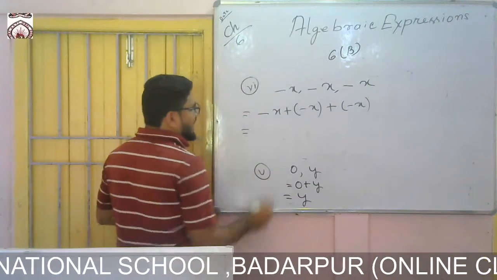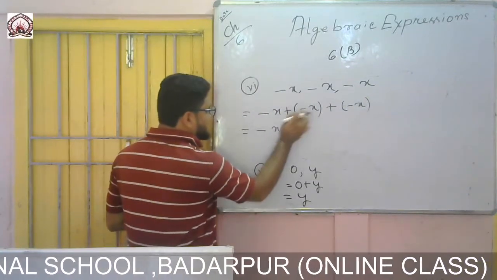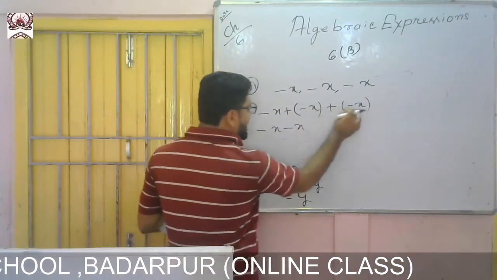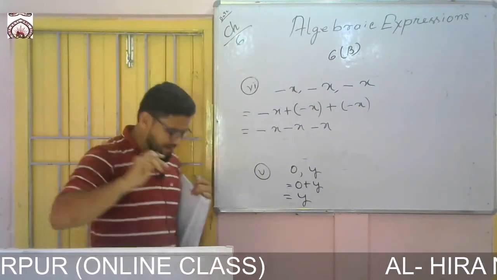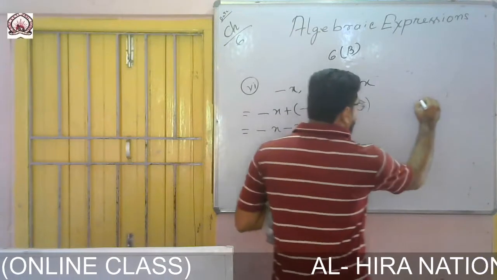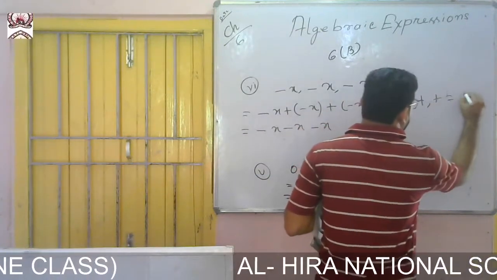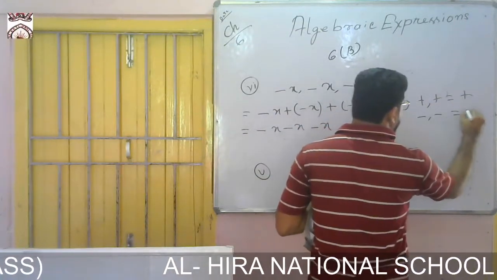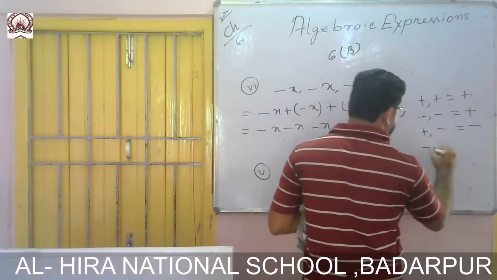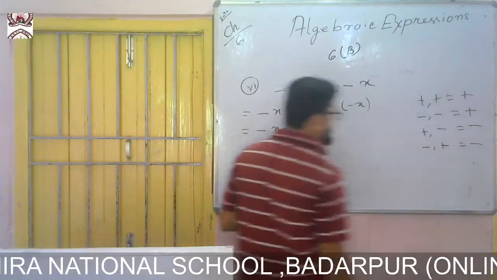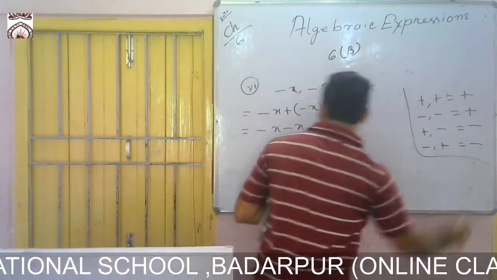Now, minus x plus minus, minus x plus minus, minus x. Plus minus, these things you know earlier. Plus comma plus gives plus. Minus comma minus gives plus. Plus comma minus gives minus. Minus comma plus gives minus. Understood? That you remember.